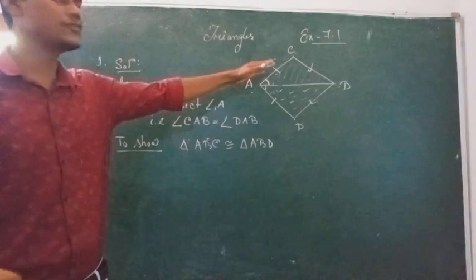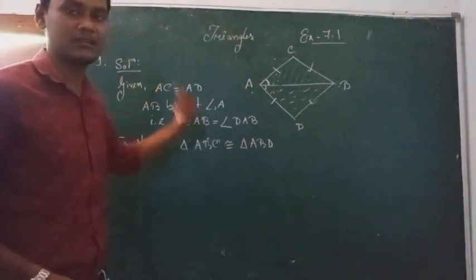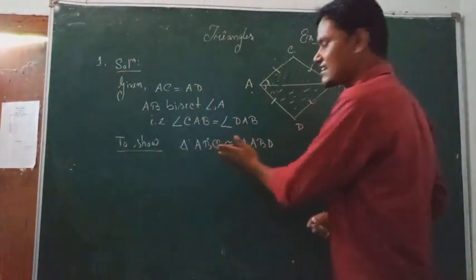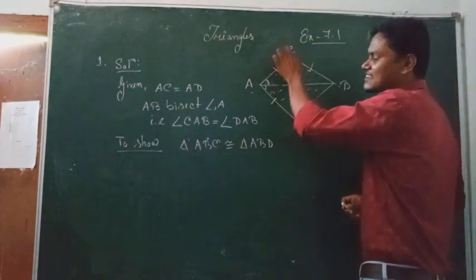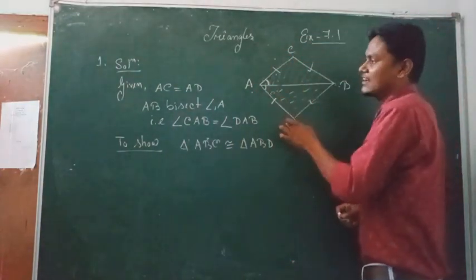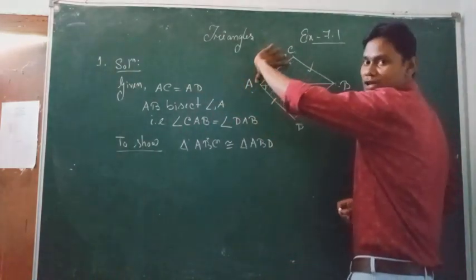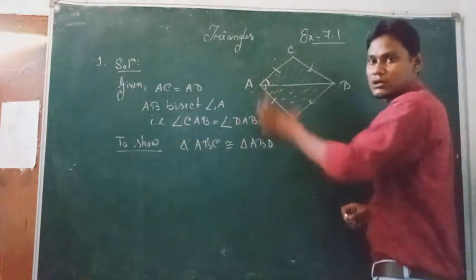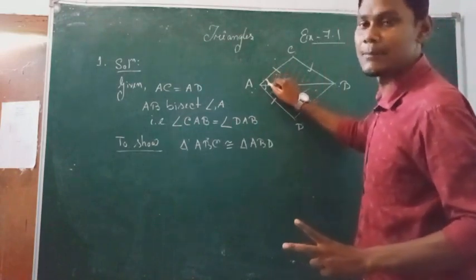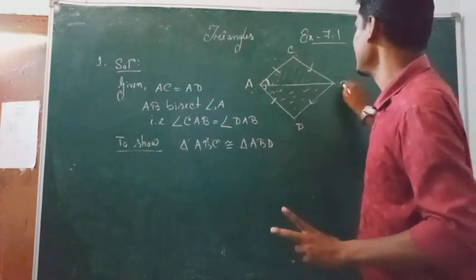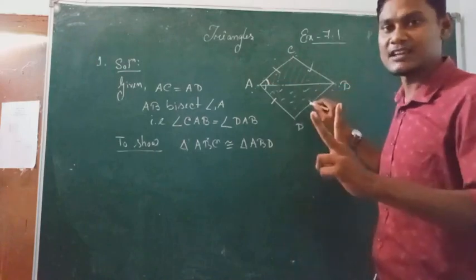Now let us see the two figures and the given information. The two triangles are, as I told earlier, the upper triangle and the lower triangle. In the upper triangle, the AC side is equal to the AD side, which is given. This side belongs to the upper triangle and this side belongs to the lower triangle. Then the upper angle CAB is equal to angle DAB, so both angles are equal.